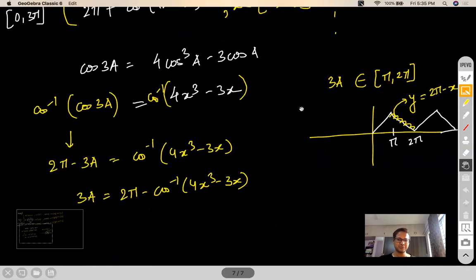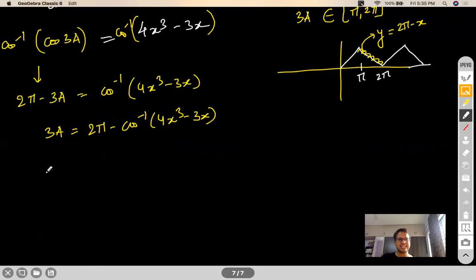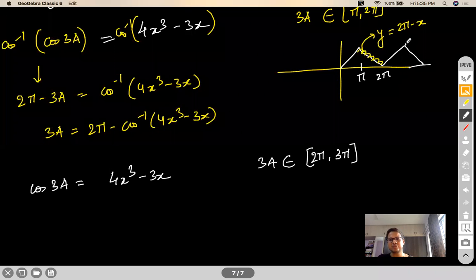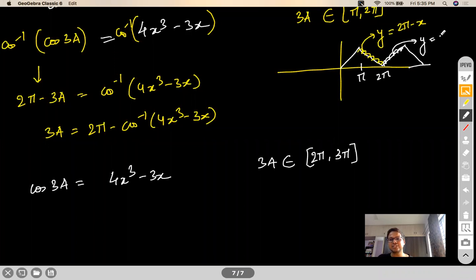But let's say if you want to rely on the graph, again come to the same step where you had written cos 3a as 4x cube minus 3x. And now this time your 3a lies between pi to 2 pi. No, sorry, 2 pi to 3 pi. Mistake. Okay. 2 pi to 3 pi is this zone. The equation here is y is equal to x minus 2 pi.